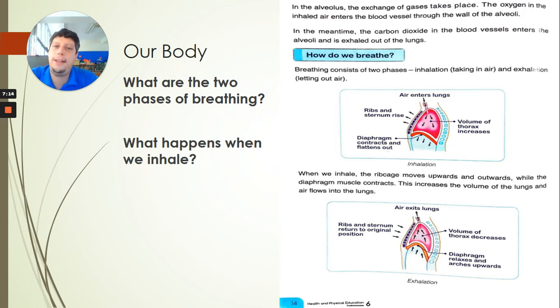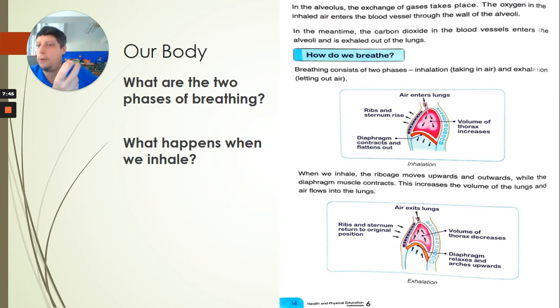So basically when we breathe in, we're breathing in fresh air. That air is then circulated around through our body, which we learnt already, and when it makes its whole way around, it comes back as carbon dioxide, and then we need to exhale that from our body, okay? And you've got to remember that the alveoli is the last place that the oxygen that we breathe in goes to.